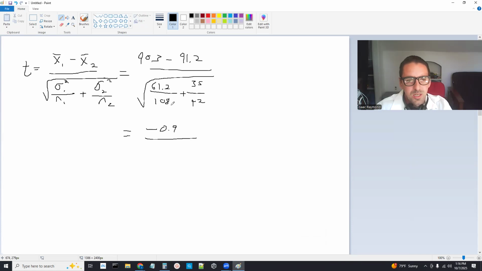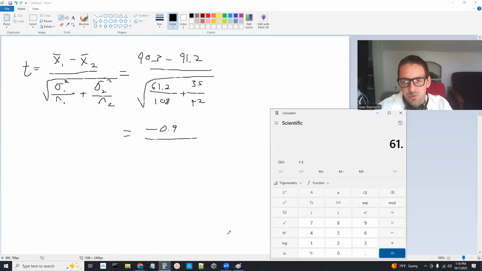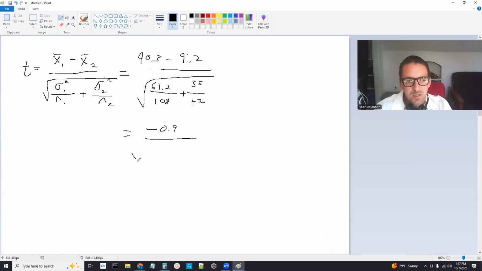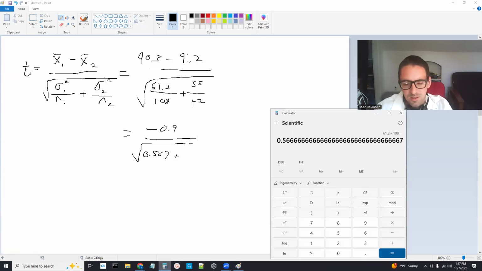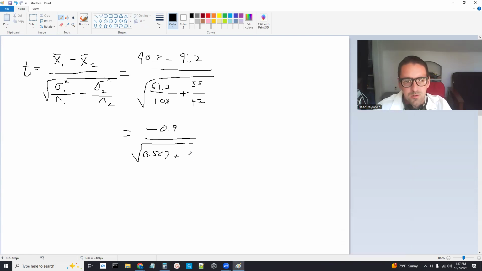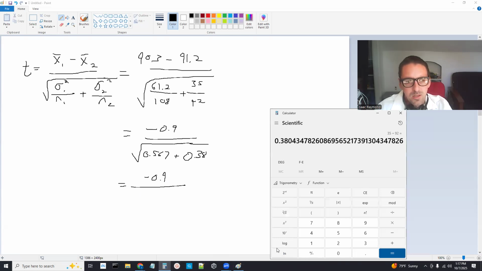And in the bottom, I'm going to do the fractions first. 61.2 divided by 108, 0.56 repeating, 0.567, and then we've got 35 divided by 92, that's 0.38. And then the bottom, 0.567 plus 0.38.